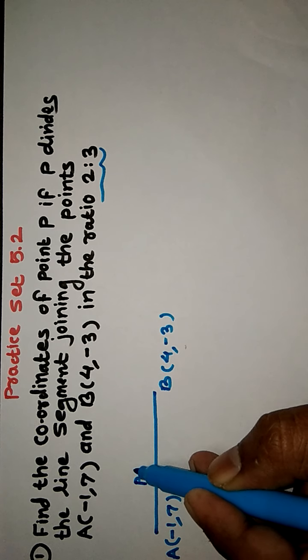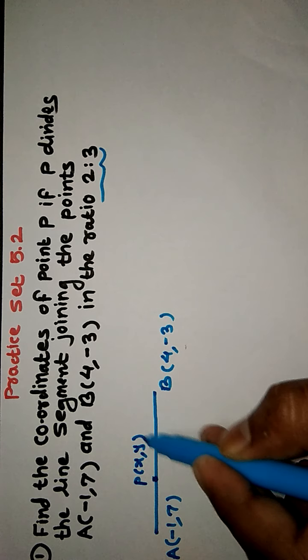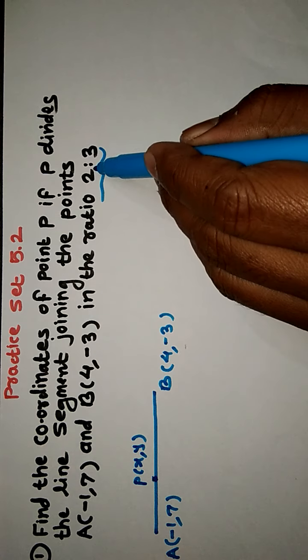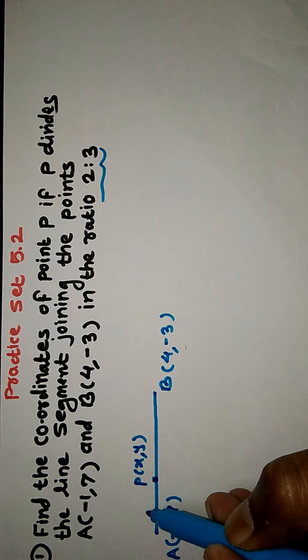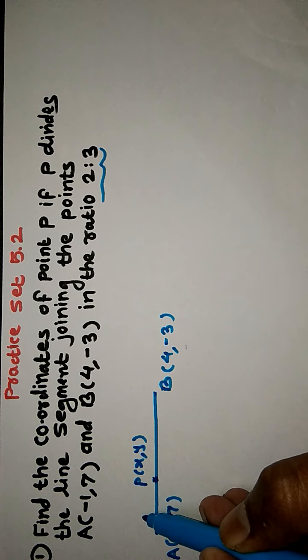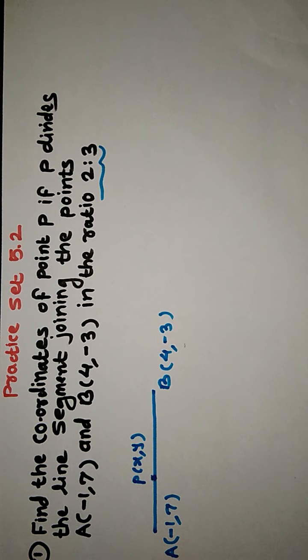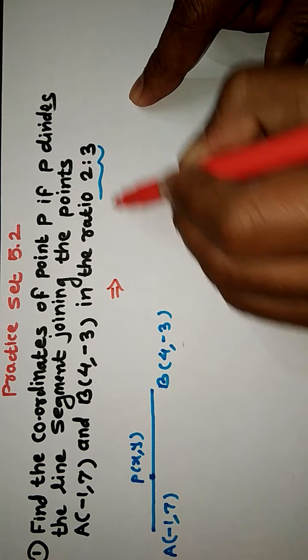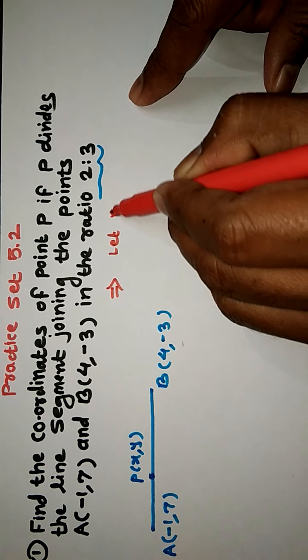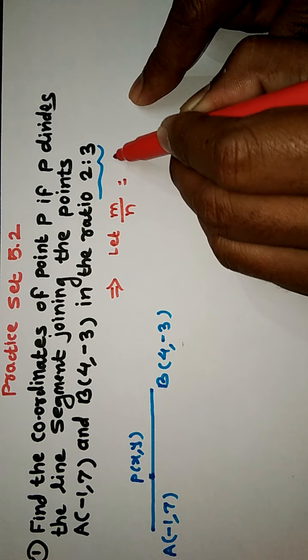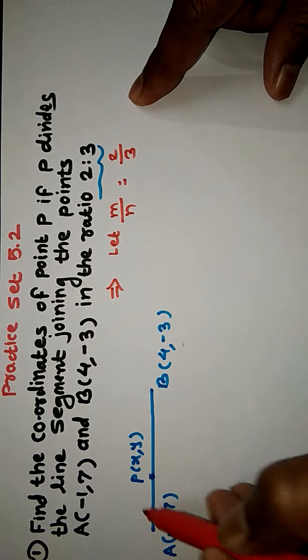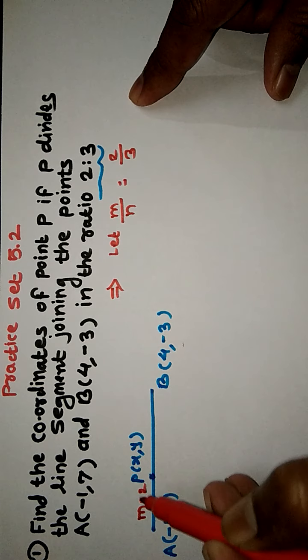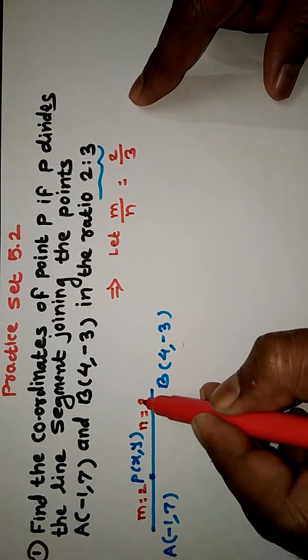Here P has the coordinates x, y, suppose, and the ratio m divided by n is 2 divided by 3, means m is equal to 2 and n is equal to 3.